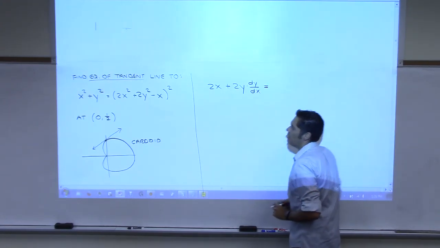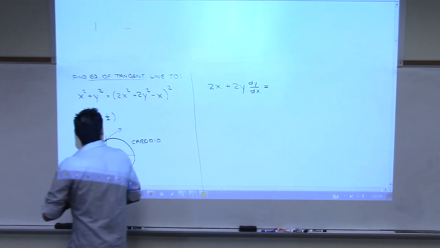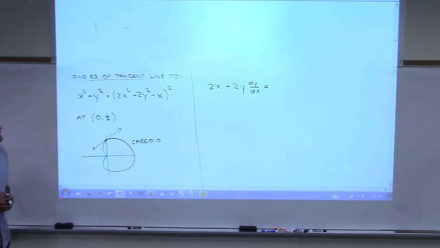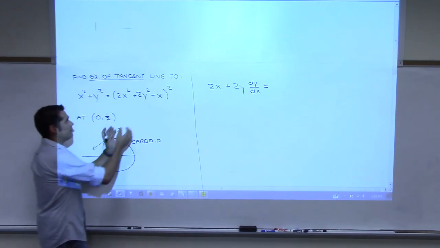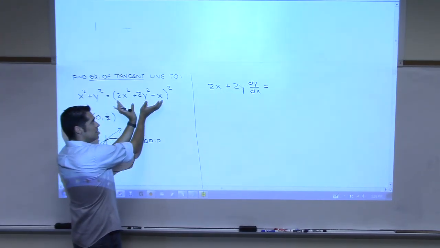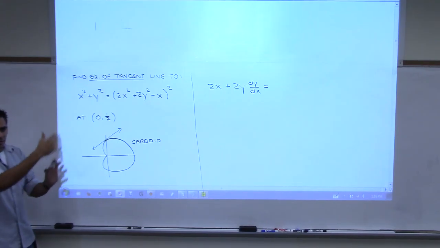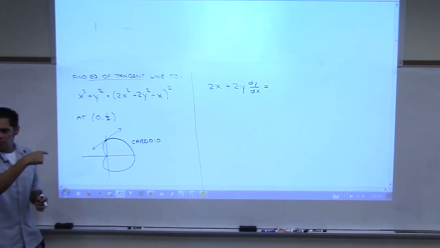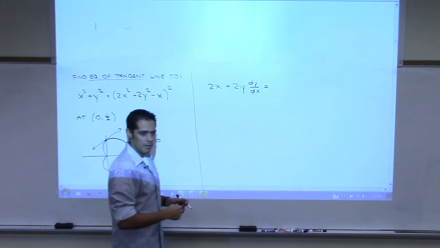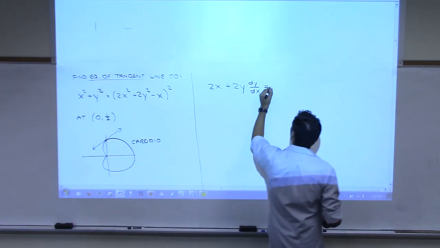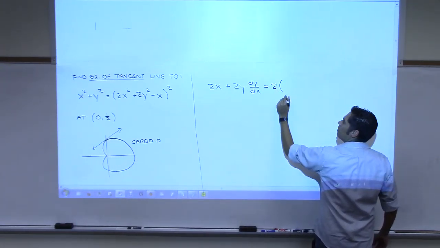Okay, on the right side of the equation, what do you see? Chain rule. Hopefully you all see you've got a big clump of junk squared. What is the derivative of a big clump of junk squared? 2 junk to the first power, right?